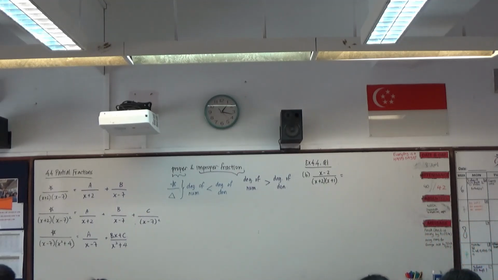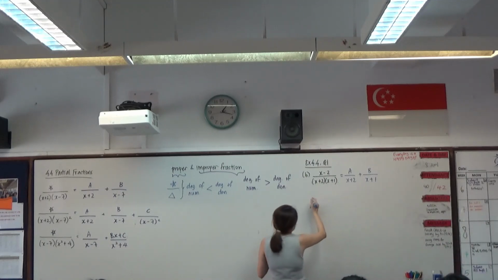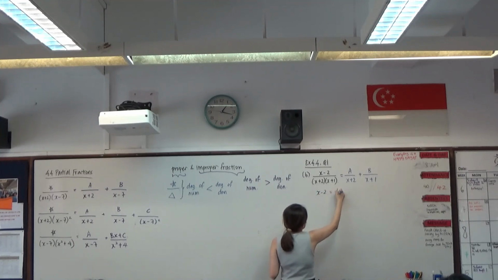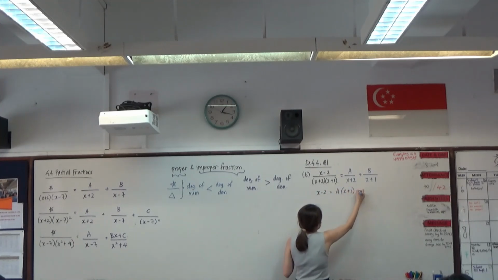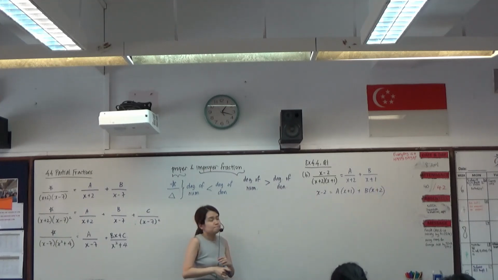Renee, what should we do? A over x plus 2 plus B over x plus 1. Then after that, we multiply across the entire identity here by this largest denominator. So we get x minus 2 equals to A times x plus 1 plus B times x plus 2. Okay?